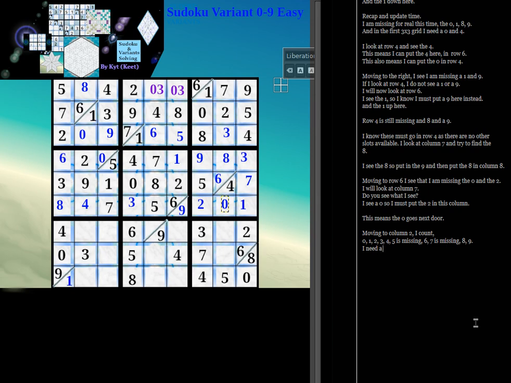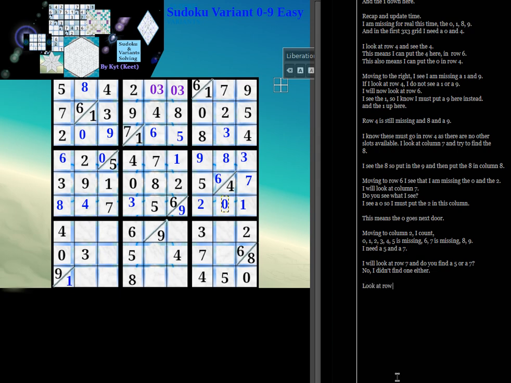So I need a 5 and a 7. I will look at row 7, and do you find a 5 or a 7? No, I didn't find one either.